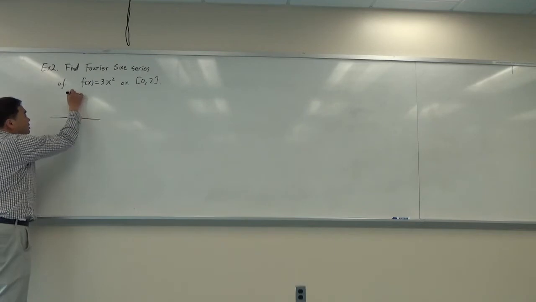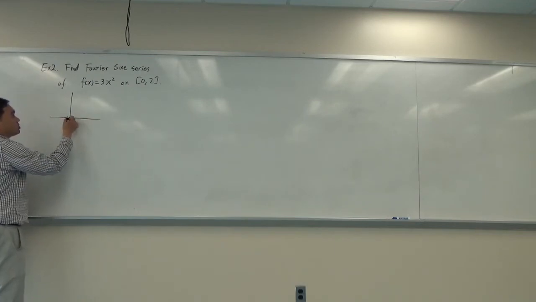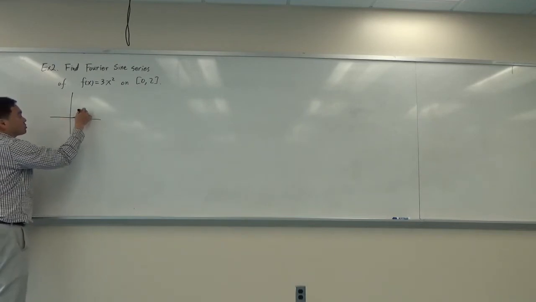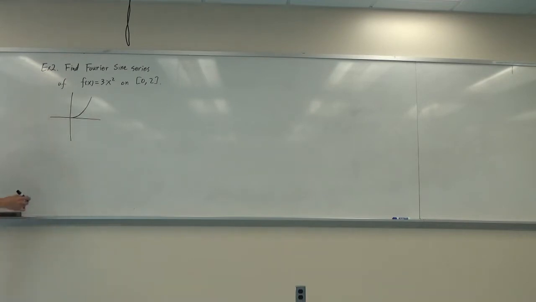Okay, the Fourier sine series treats the function, here's the function 3x squared. 3x squared itself is an even function because it folds evenly, right? However, we're trying to extend this as an odd function.